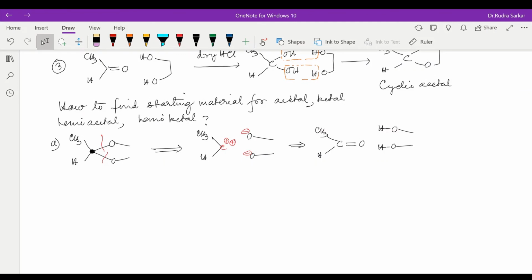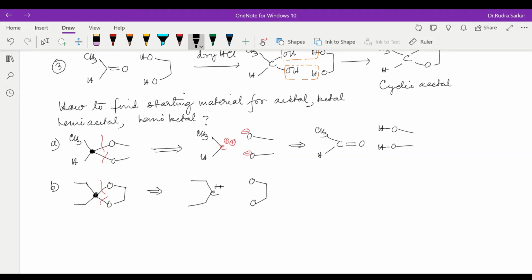Let's do another one. Suppose I give you something like this. Again, find out the carbon which is joined to two oxygens. Disconnect the bonds. Once you have disconnected the bonds, over the carbon you place positive charge.